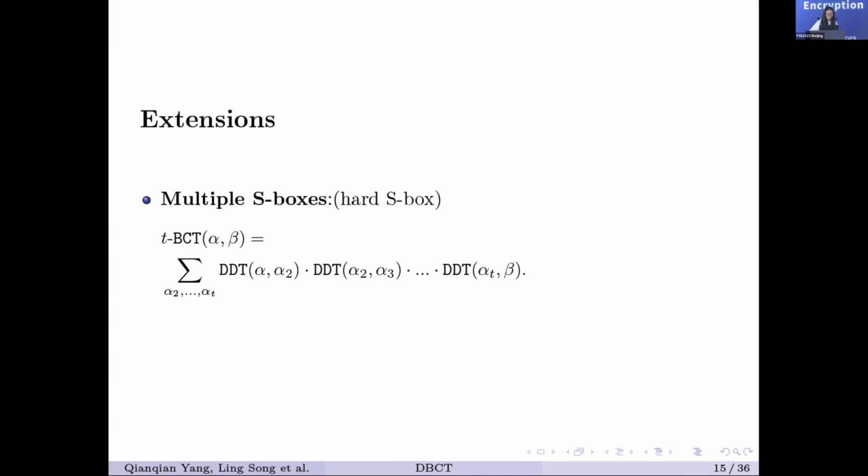For a hard-to-ice-box TBCT, this formula is always true. We can also use DDT to replace the TBCT. Okay, thank you.